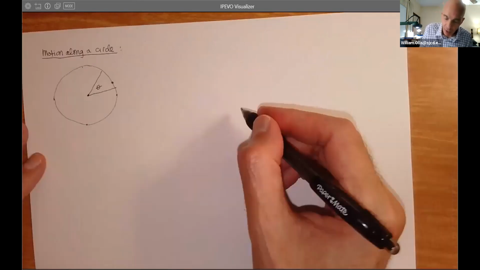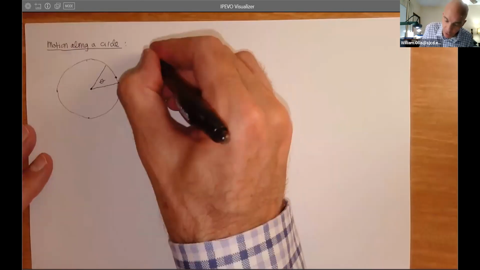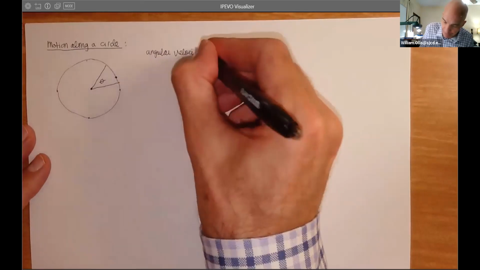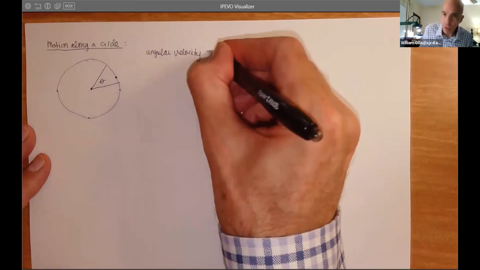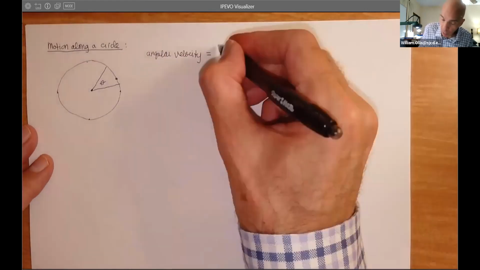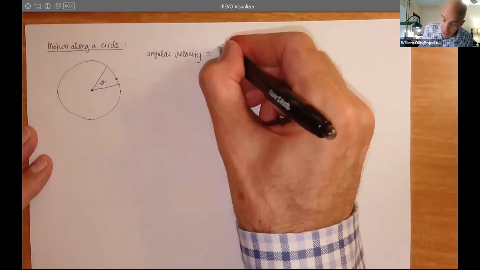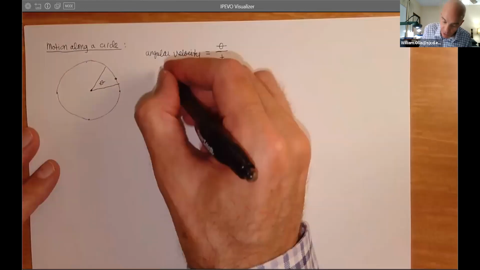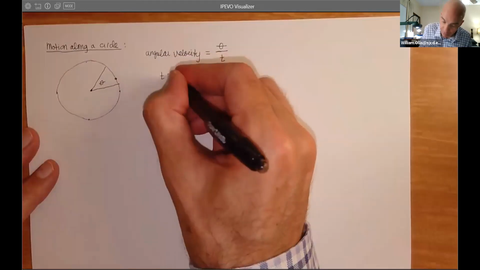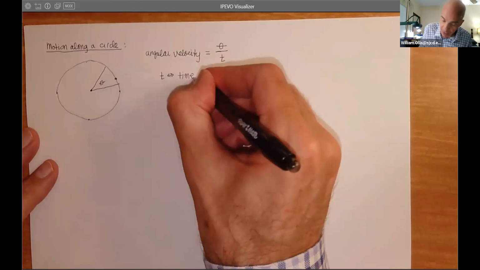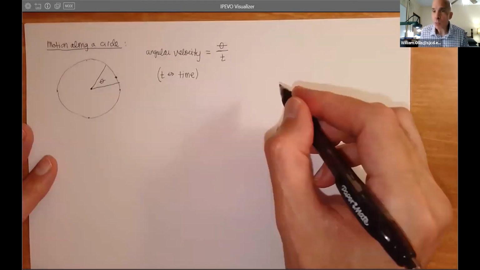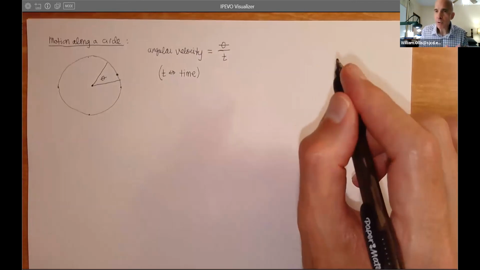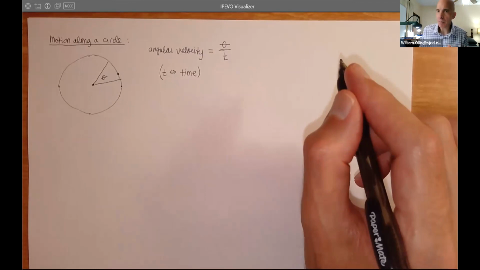So we can think of angular velocity, as we use the symbol, or we'll start out with theta divided by some measurement of time t, where t corresponds to time. So we might say that the wheel rotates at maybe pi over 4 radians per second, or something like that.